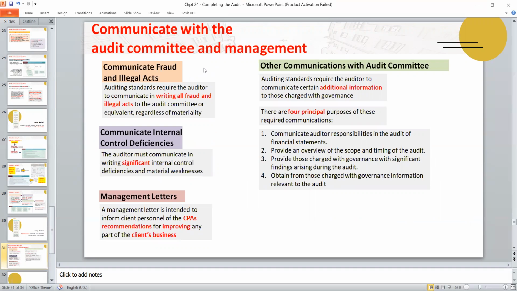Mostly it is about the audit evidence, the audit findings. So mostly we discuss the audit findings.